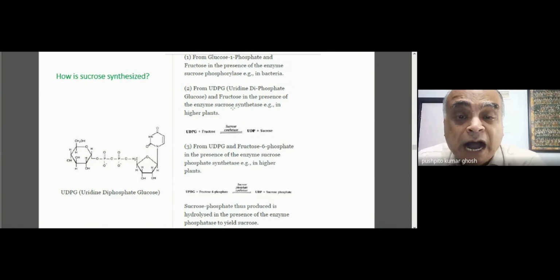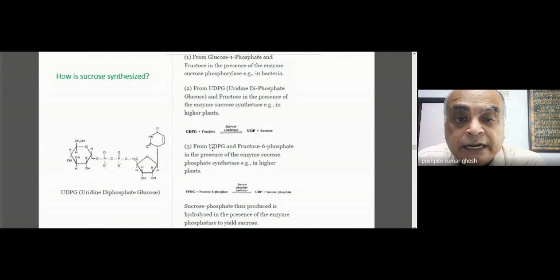Okay. Higher plants do it a bit differently. They have an entity which is known as uridine diphosphate glucose. This is uridine, okay, and this is your glucose entity.